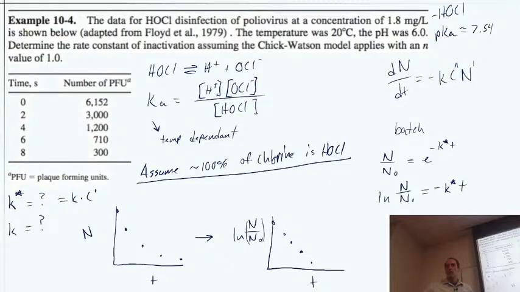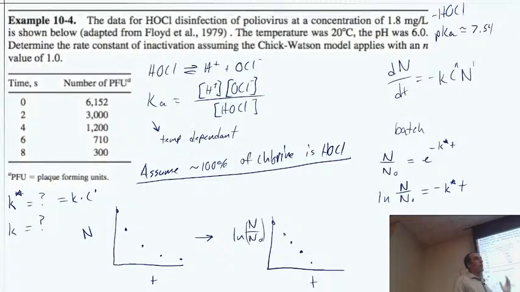And hopefully what you notice is you're given data, and you could plot that, a number of concentration of viruses per time, and it would probably look something like this. Because it's a first order reaction, and if we do the mass balance, which I have elaborated over here, this should be N equals N naught times e to the minus k t, which would give us something like that.